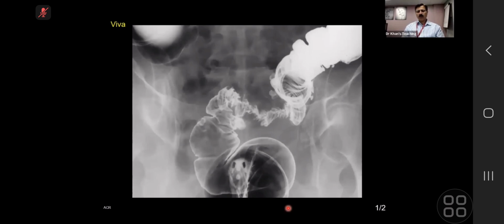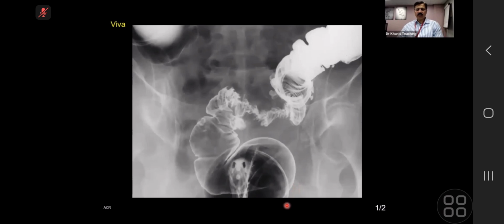Those of you who are logged in from overseas, please remember that diverticular disease is one of the most common diseases in the UK. In parts of Asia, for example the subcontinent, you don't see diverticular disease the way you see it here. I remember when I used to do a barium enema list, I have not seen any list in which all patients did not have a few diverticuli.